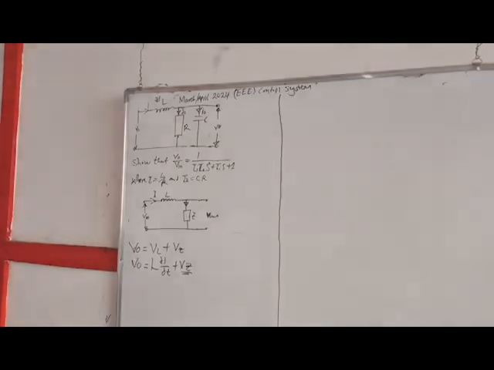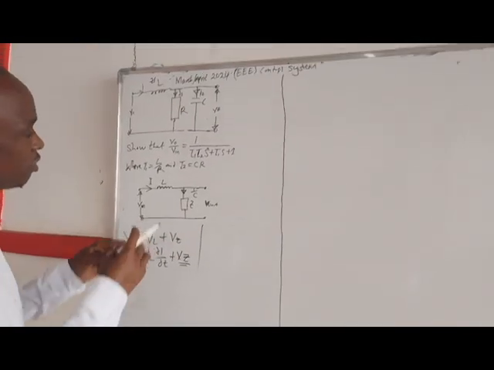Now let's work on VZ. It consists of R and C.